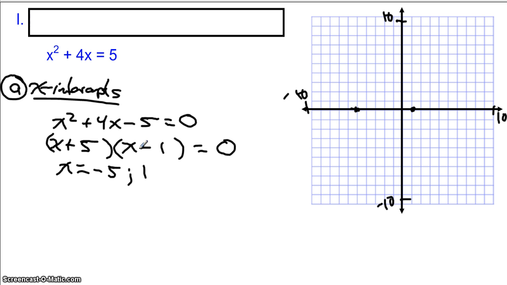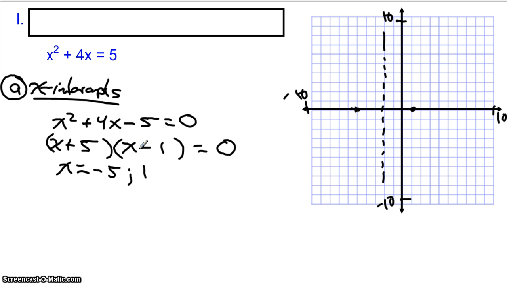Because as we showed with problem 38 last night, it's halfway between these points. And how far apart are these 2 points? Do you see that? 5 plus 1 is 6. So you would just start at any point and walk 3 units toward the other point. So we could, 1, 2, 3, fill in the axis of symmetry here.